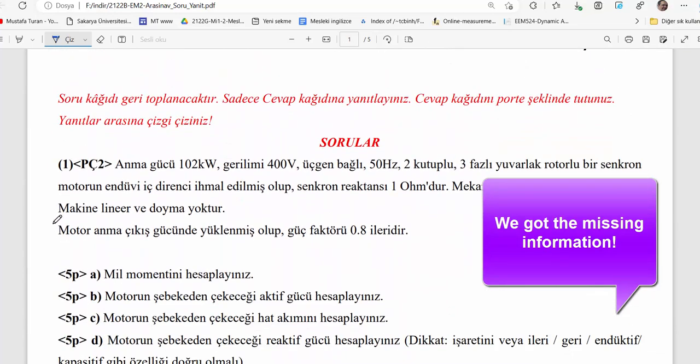Yes, one sentence is missed. Okay, I am very sorry about that. Motor is operated at its rated output power and power factor is 0.8 leading.